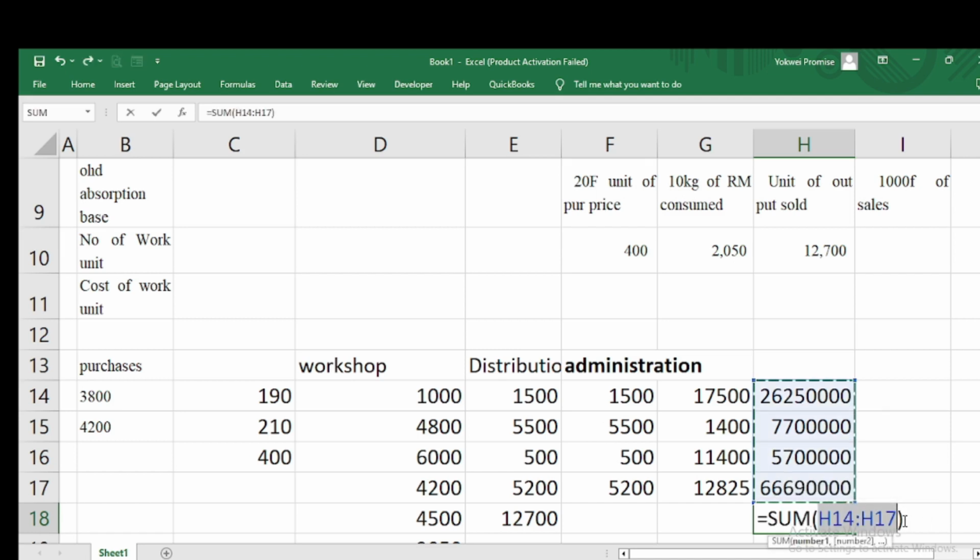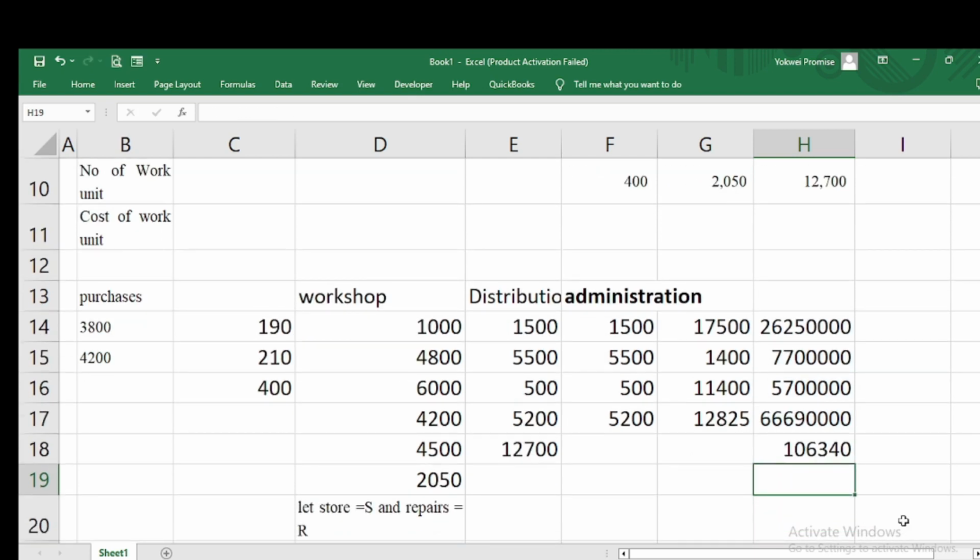so this is it. Since they say it's 1,000 francs, right, we'll divide by 1,000. I hope you guys have grabbed the logic. Divide by 1,000. We are going to have 106,340.